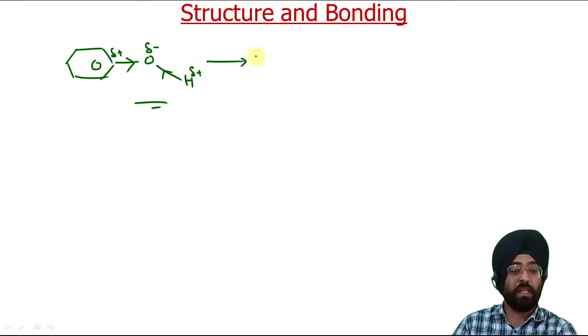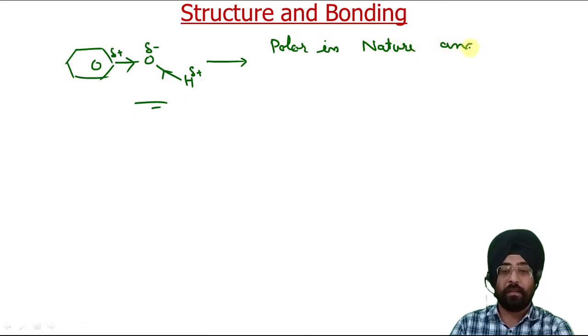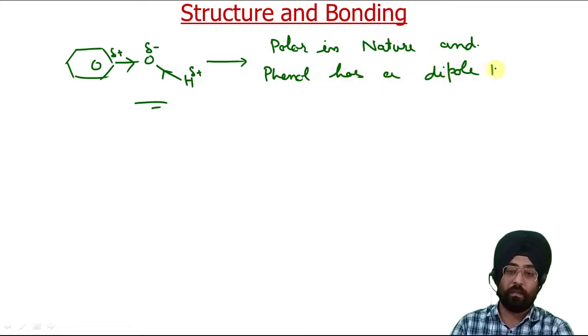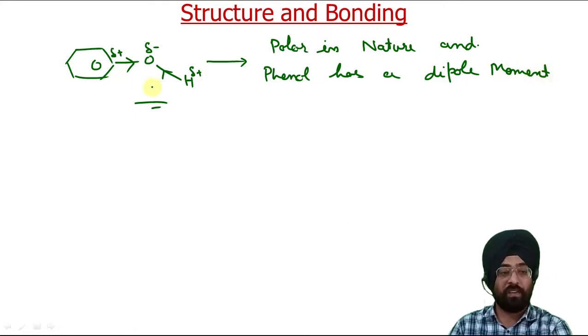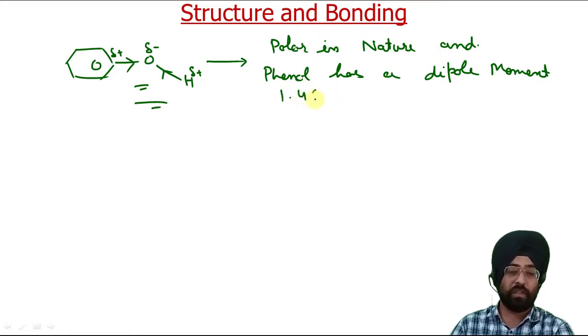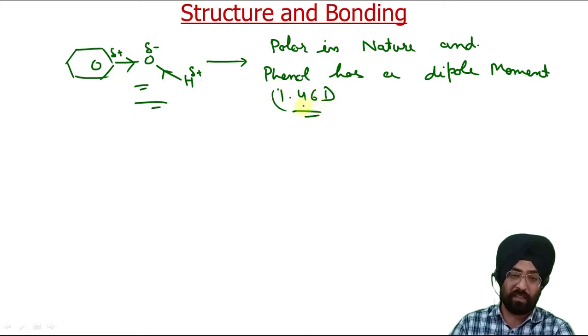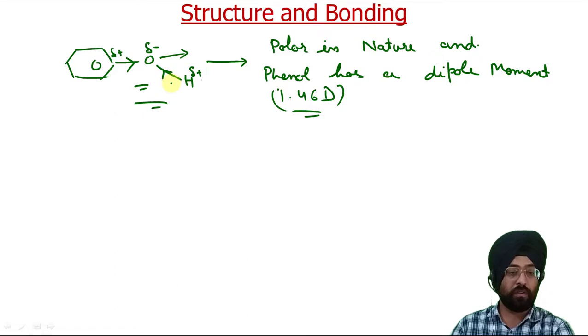So what it means, this structure is polar in nature, and phenol has a dipole moment. The exact value, I don't remember, but it is something like 1.46 D. This is not exact value, so you can check from literature, but it has some dipole moment because of electronegativity of this oxygen. These bonds are polar.